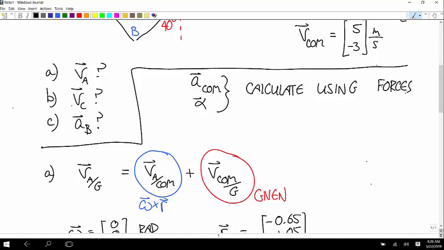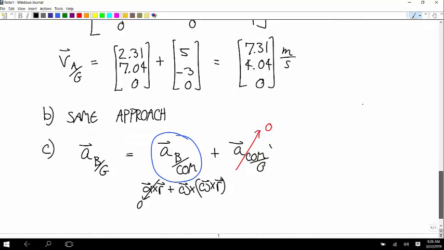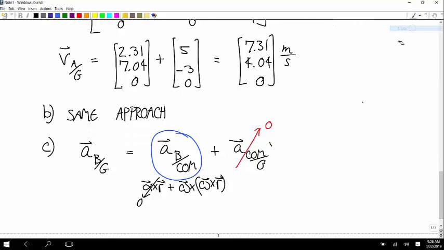Okay, so let's actually go through this then. That means that we're going to have to calculate this from Newton's second law.